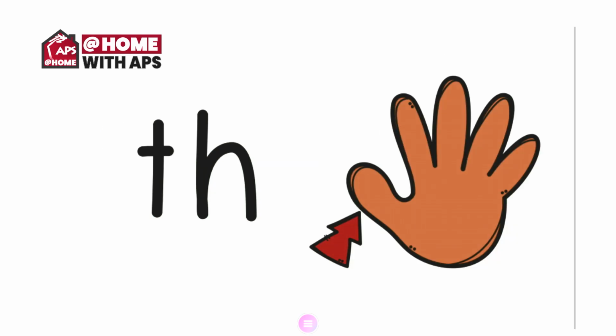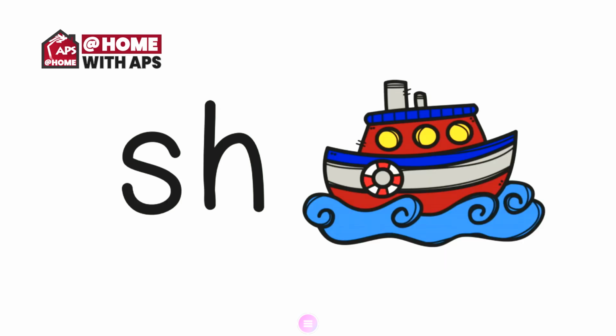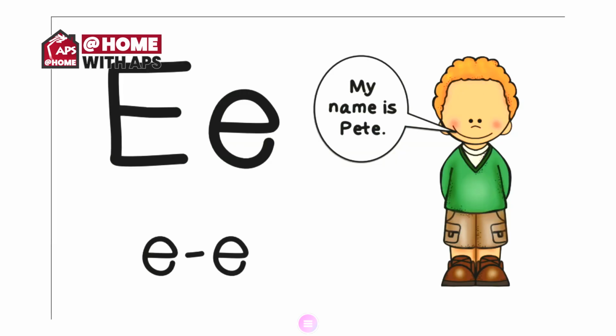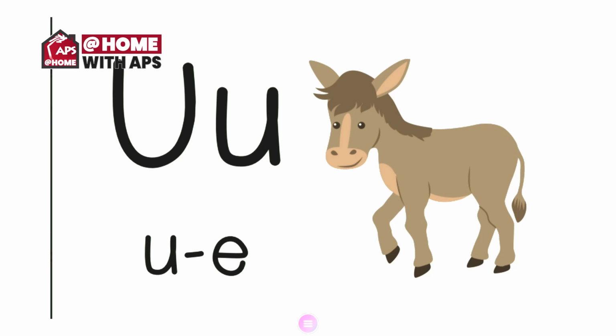Now let's do some digraphs. We'll just do a couple. T, H, thumb. S, H, ship, sh. Now let's do our long vowel sounds. E, peat, E. U, mule, U. My apologies.